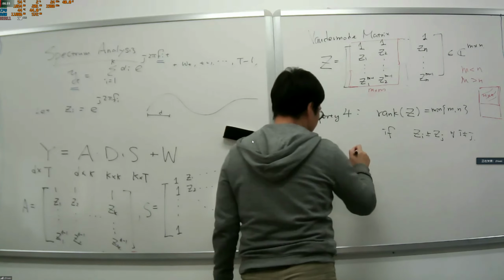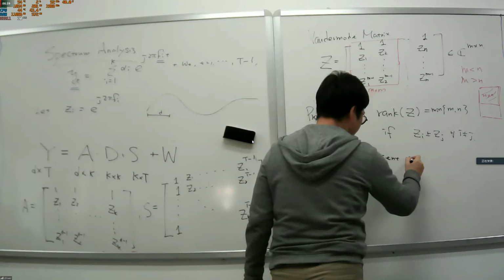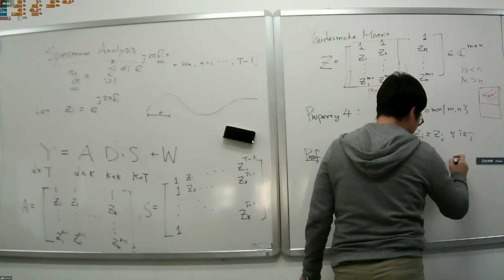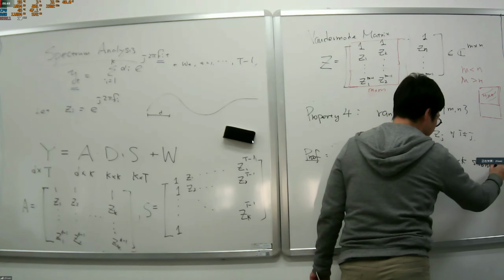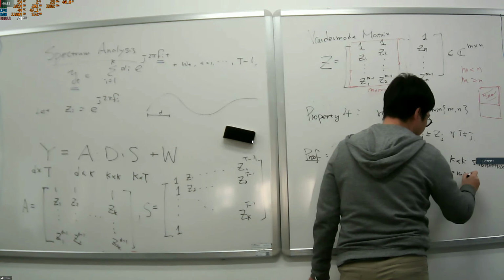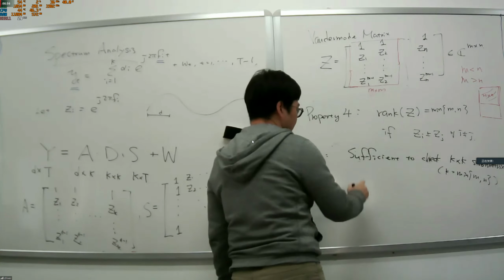So it's sufficient to check a k by k submatrix, where k is the minimum of m and n.